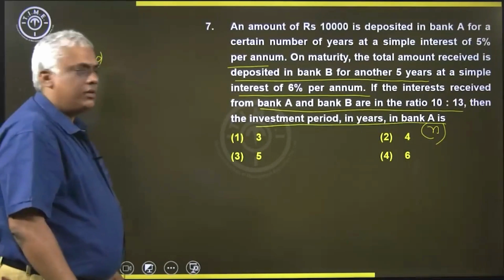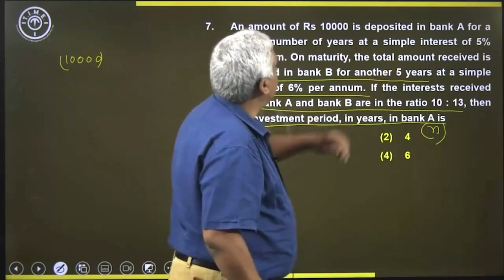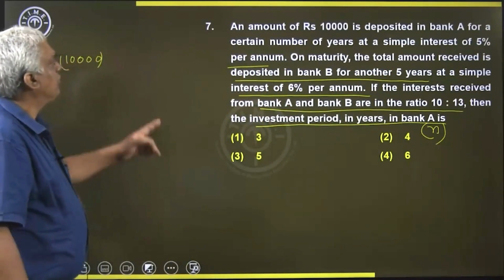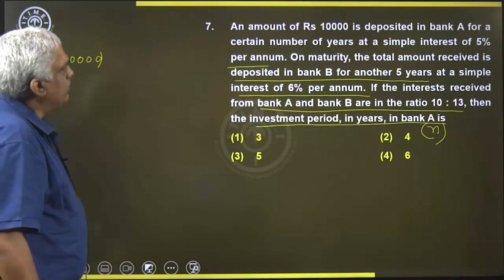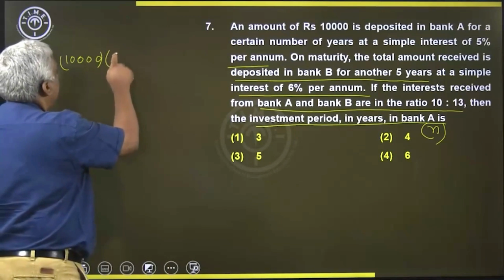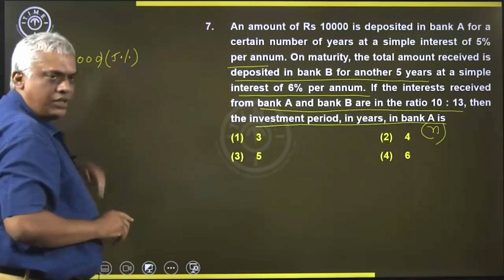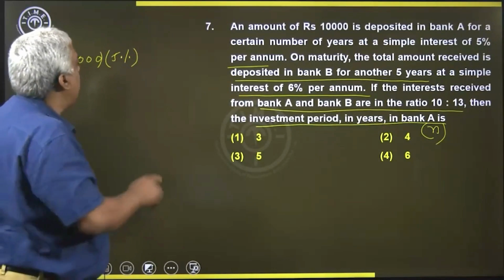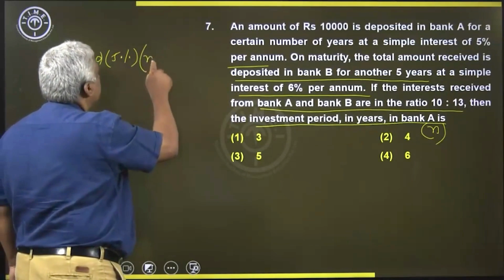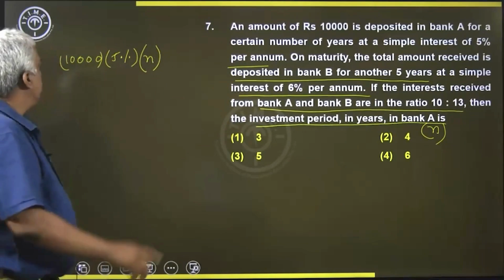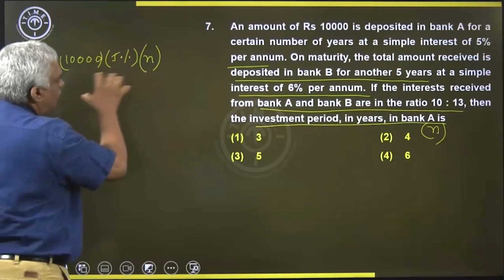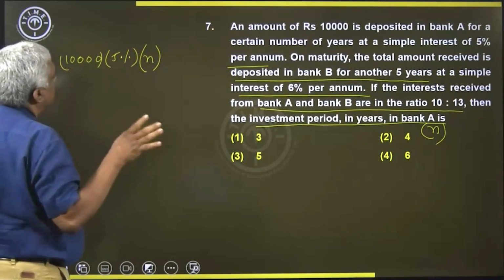So every year bank A is giving 5% of 10,000. So 10,000 into 5% into the number of years, and the number of years is n. This is the interest received from bank A.